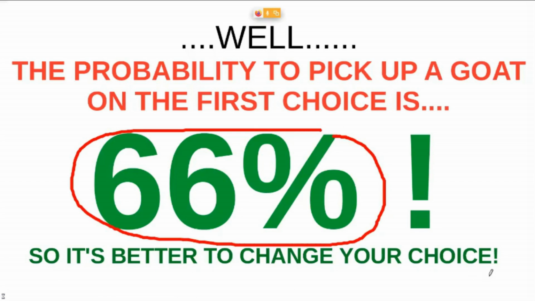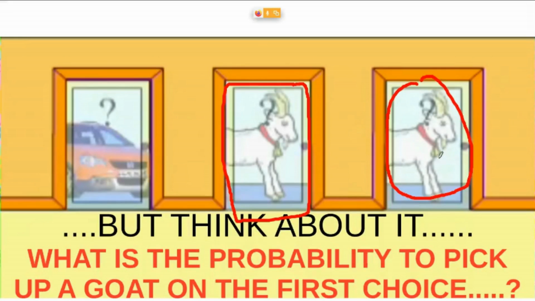Let's consider what happens. Let's suppose that here we have a car. If we have a car here, obviously there is only one single car and three possible doors. So the possibility to pick a car in the first choice is only 33%.